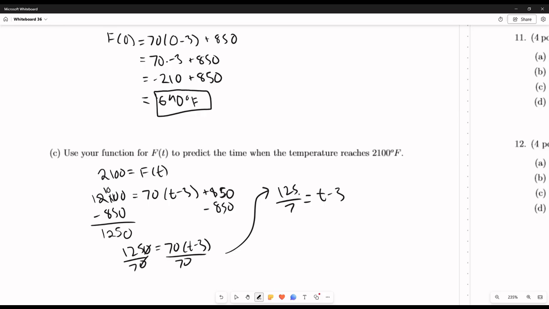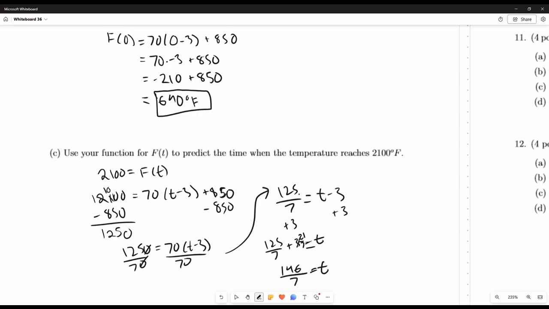And then I need to add 3 to both sides. Got 125 over 7 plus 3 equals t, which is an answer, but it would be better to write this 3 as 21 over 7. Get a common denominator so that I can combine these together, and then end up getting something like 146 over 7 equals t.